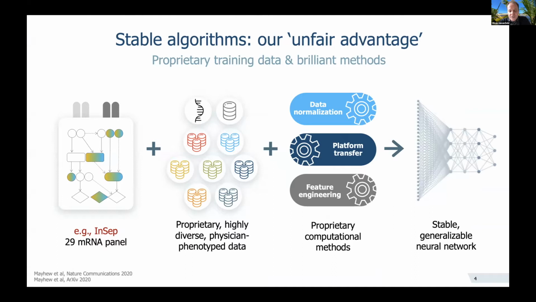We then use our proprietary, highly diverse and also physician phenotype data sets to generate and confirm that these data sets and gene panels are highly appropriate. We then use data normalization, platform transfer, and other engineering features that can be summarized as proprietary computational methods and generate results that are read by neural networks to interpret the gene expression levels.